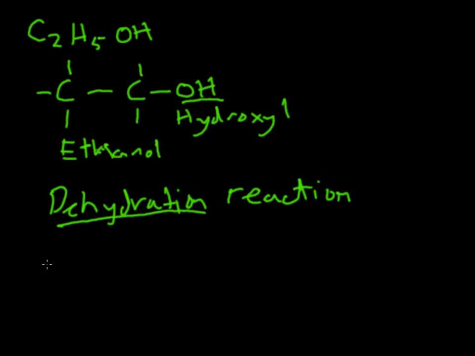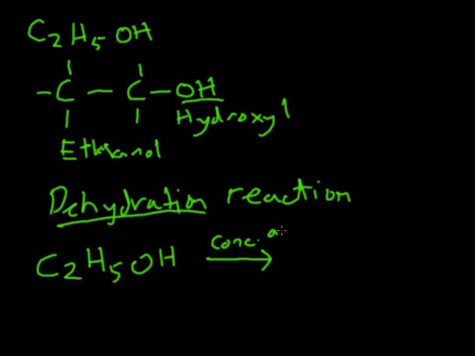Alright, so let's have a look at what the reaction is, because we need to know the details of it. C2H5OH, so that's our ethanol. Now, with concentrated acid, it's H2SO4, sulfuric acid, or phosphoric acid, will create, now, one of the products is going to be H2O, that's the dehydration aspect of it.